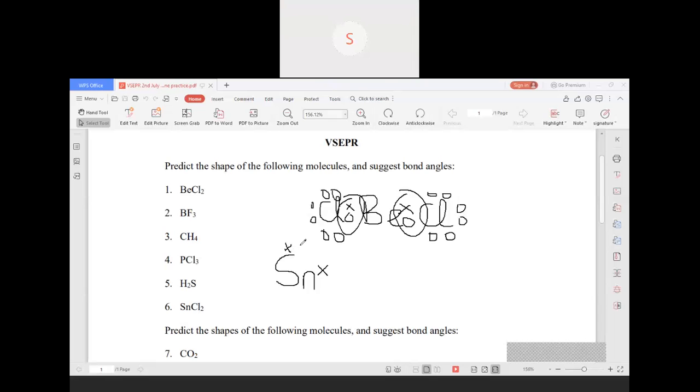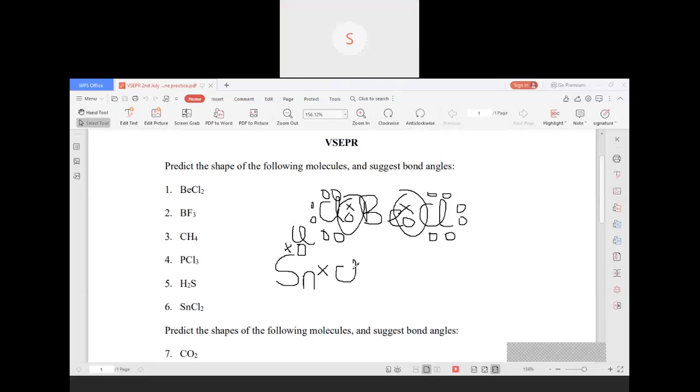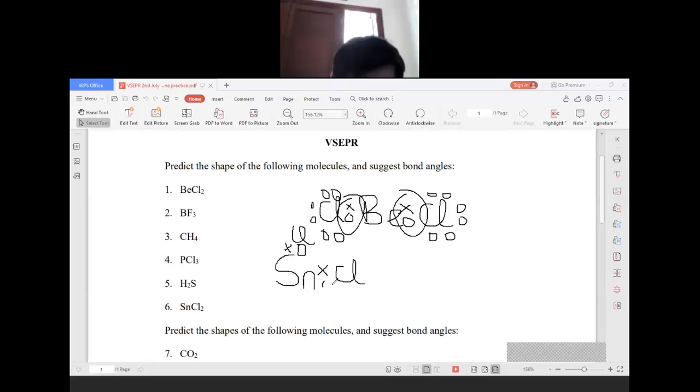There are 2 bond pairs. In the outermost shell of tin, there are 4 electrons, 2 already occupied by chlorine.